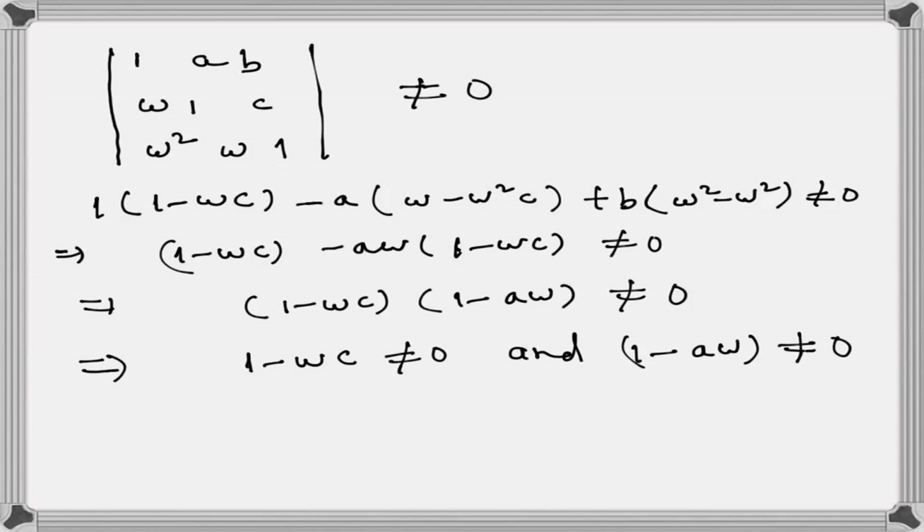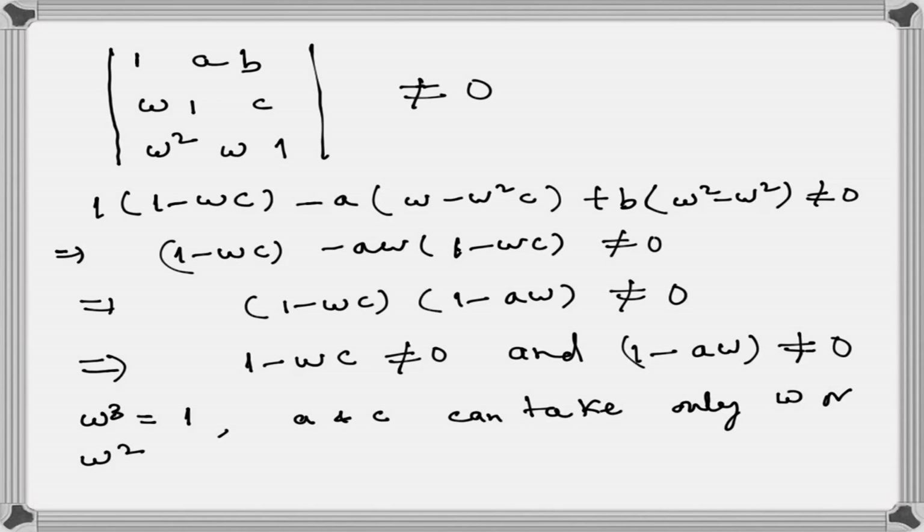Now there is another condition, which is W cube is 1, and A and C can take only W or W square.